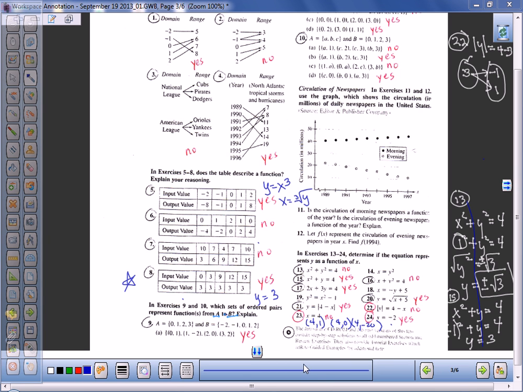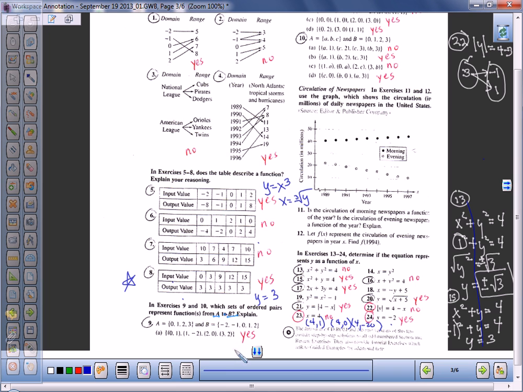All right. Any other questions? Yes, Donna. 9 and 10. All right, you probably just didn't understand the directions. Okay, so what it said was, if these are our choices for the domain, and these are our choices for the range, if I paired them up this way, is that a function? Yes.